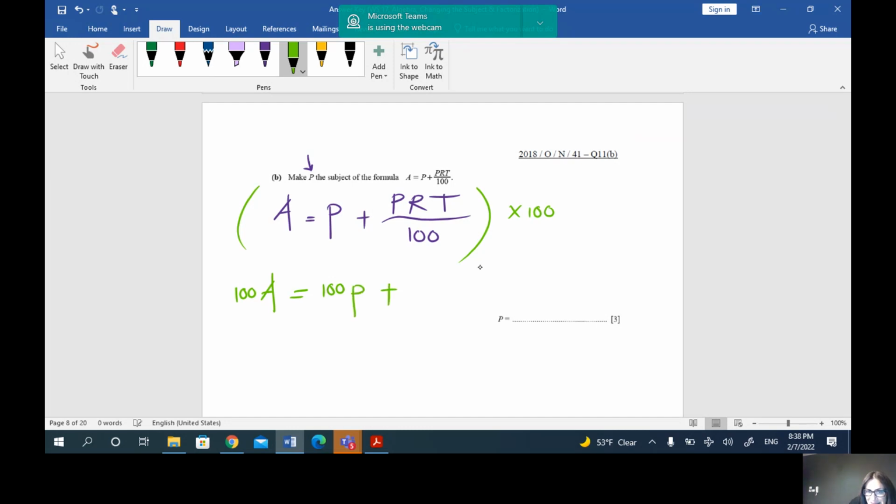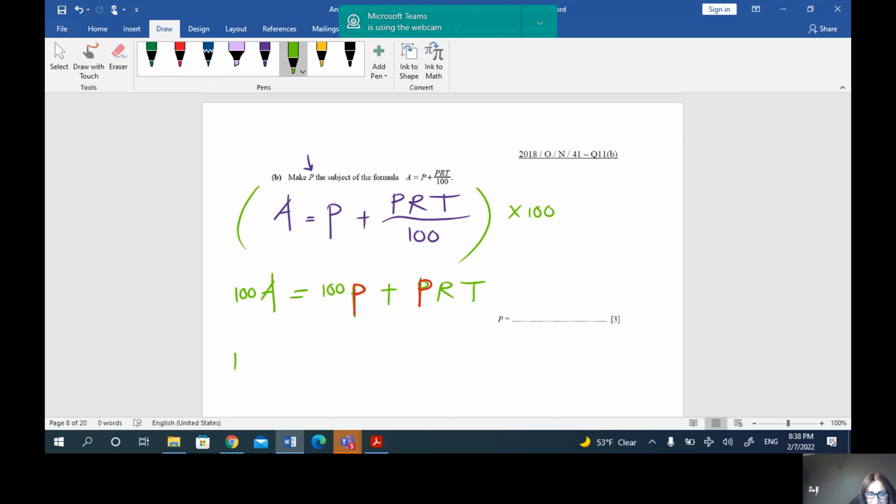And here 100 times PRT over 100 will be PRT. Remember, P is the subject, so it exists in two terms.